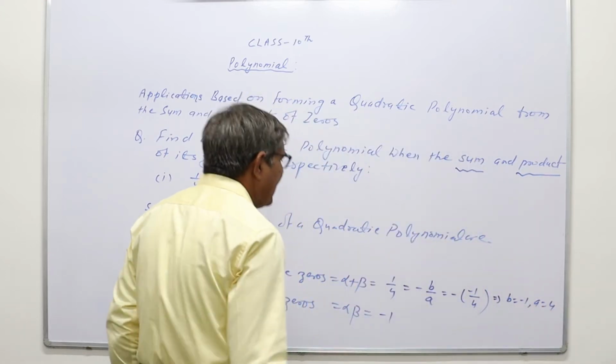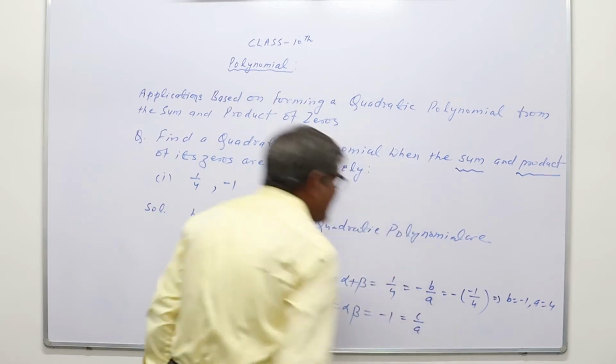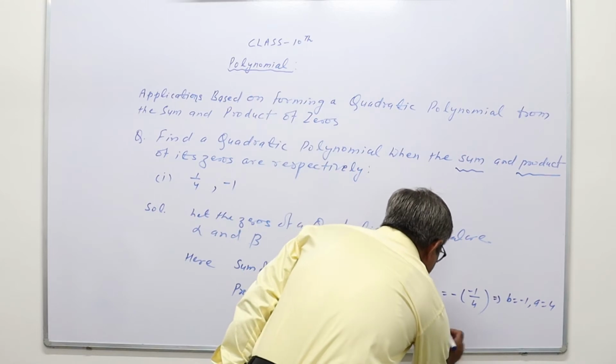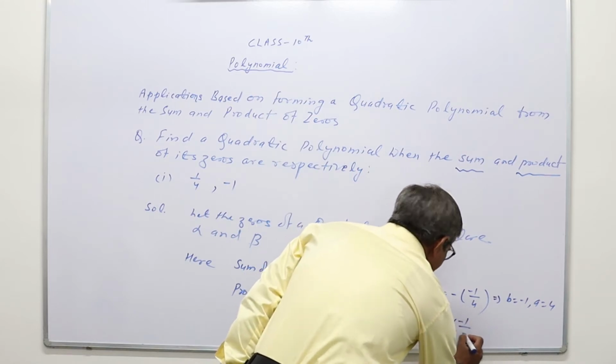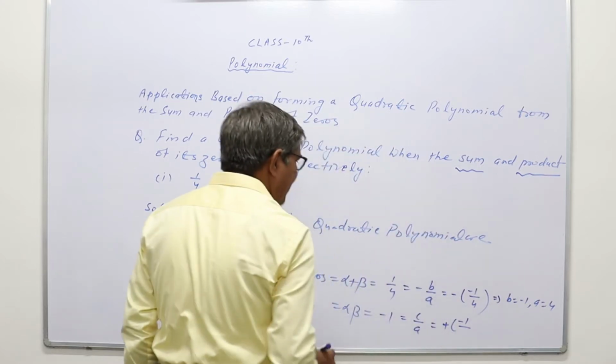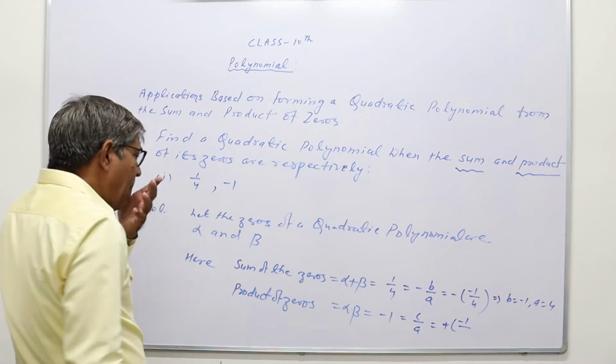Similarly, alpha into beta is c by a. So what is c? We can write c as minus 1 upon a. What is a? A is already given as 4.